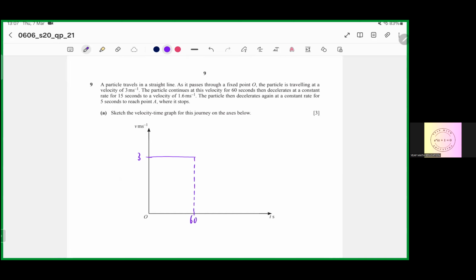And then he will decelerate for 50 seconds to a velocity of 1.6 meters per second. So now we will draw. So here is 75 seconds. It is 1.6. So we just join it.